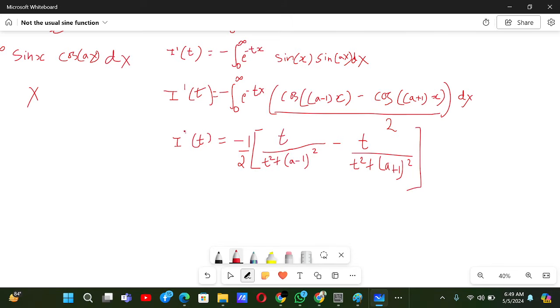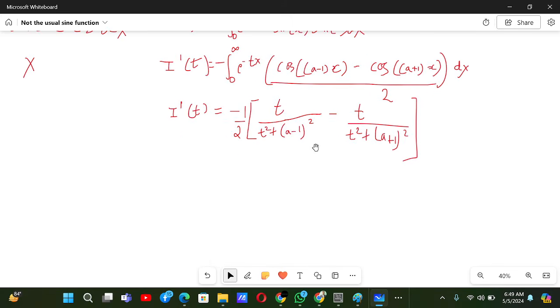Now I have to find I of t, so I'll just integrate with respect to t. We can take 2 in the denominator and 2t and 2t over here. If we take the whole denominator expression as, let's say, y, dy will just be 2t. So this is basically dy by y, which is the derivative of the log function.